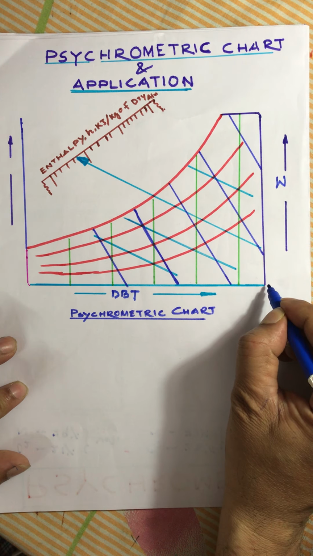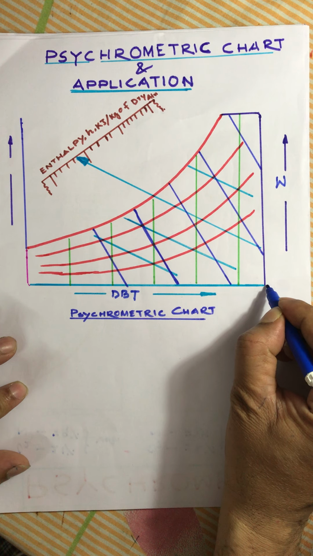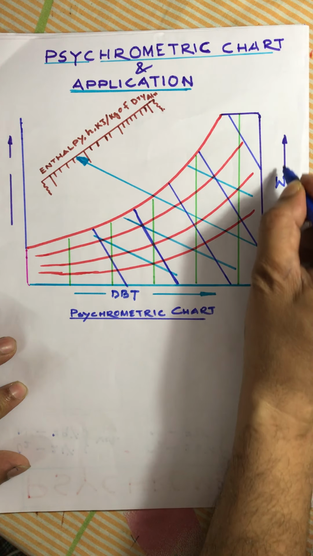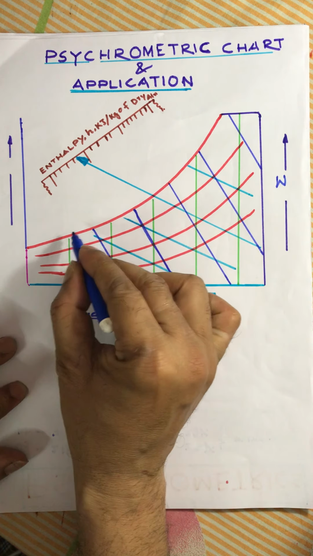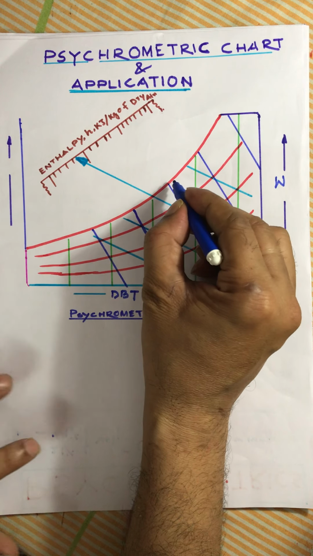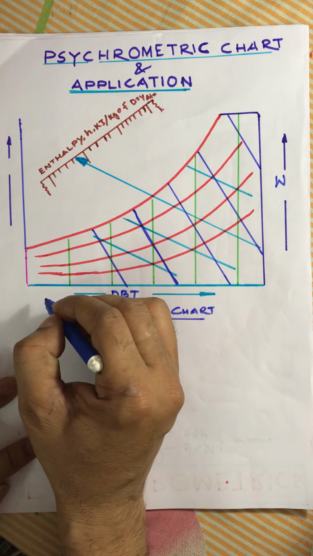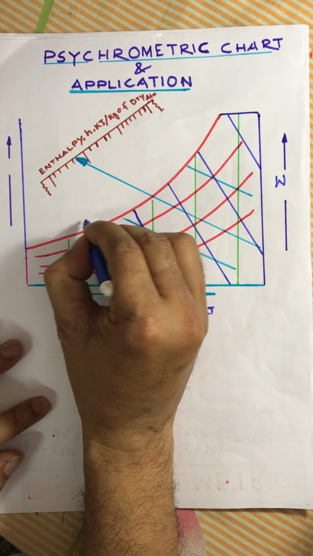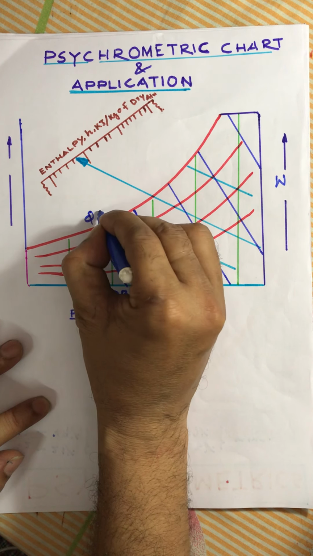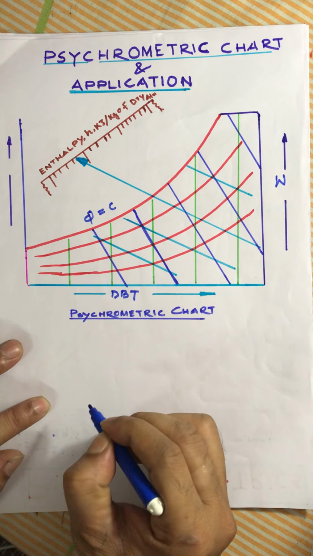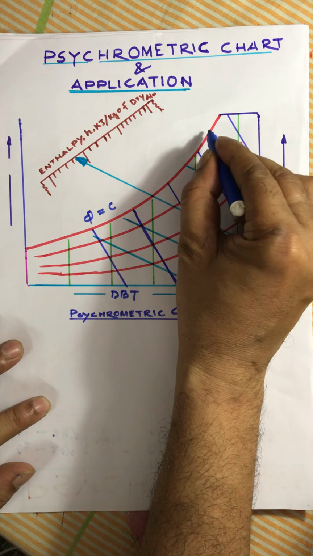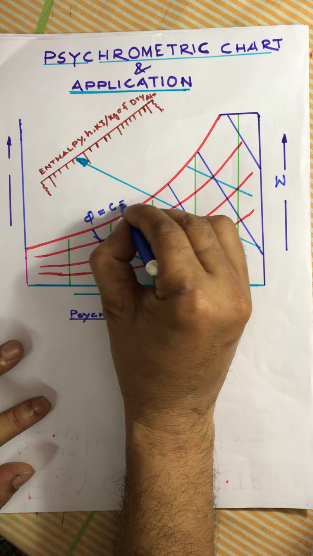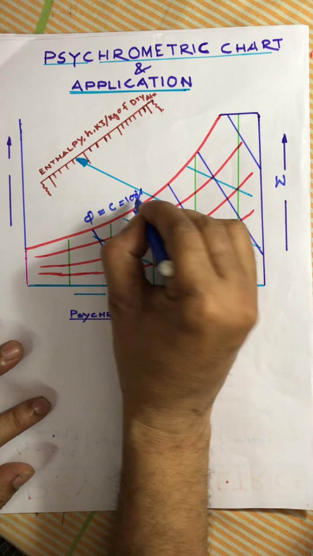That means, if you proceed from this point to this point, the W is going to increase. This red line will represent the constant phi. That means, relative humidity is equal to constant, and particularly this red line is 100% phi.